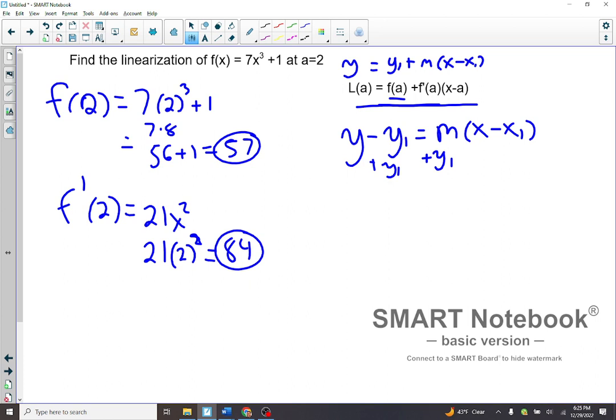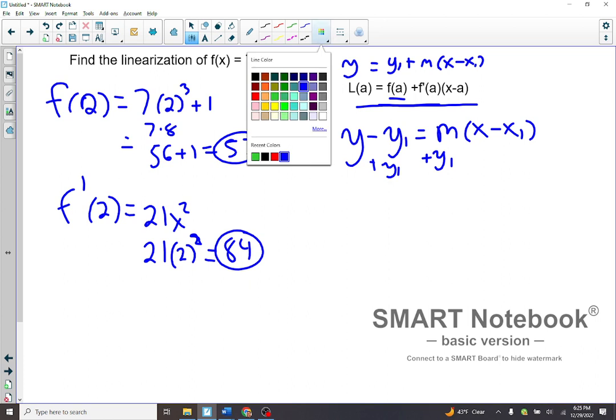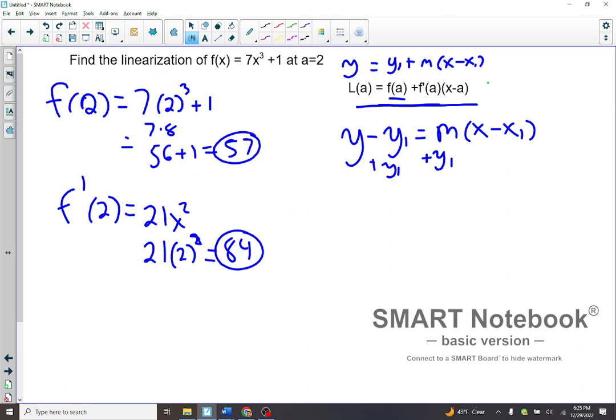So since I found what they are at 2, I could just plug it in. So 57 plus 84 times x minus, I know what my a value is, which is 2. Let's distribute that 84.